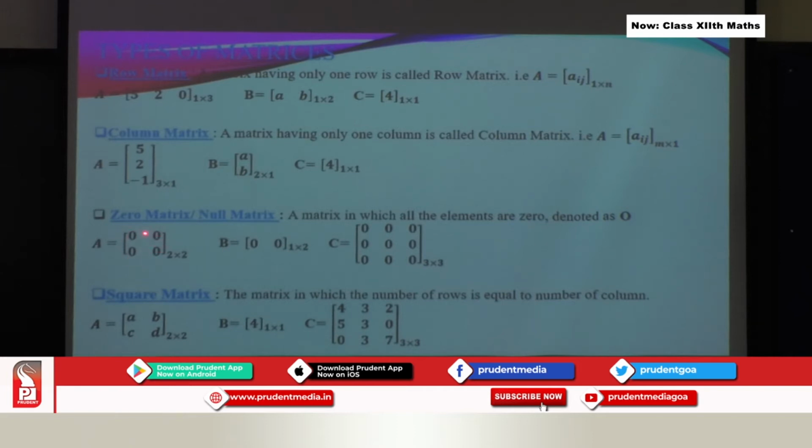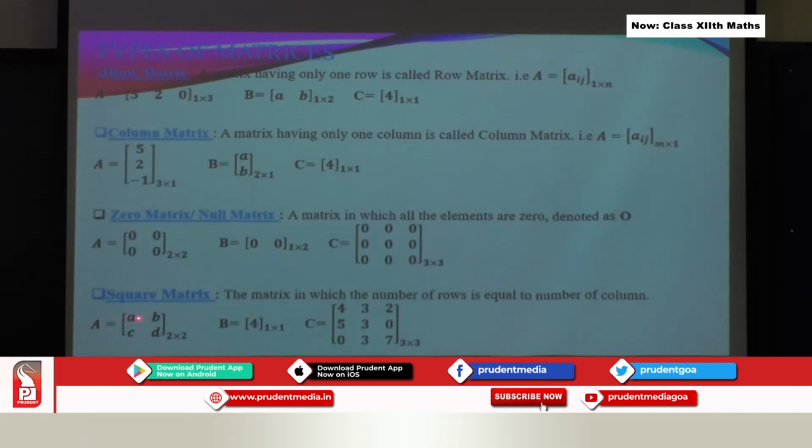This matrix looks like a square, that's why I called it a square matrix, and the order is 2 by 2, or 2 cross 2. This one is a row matrix, but the entries are 0, 0, so it comes under the zero matrix. If you look at this matrix, again the order is 3 cross 3 and the entries are 0.